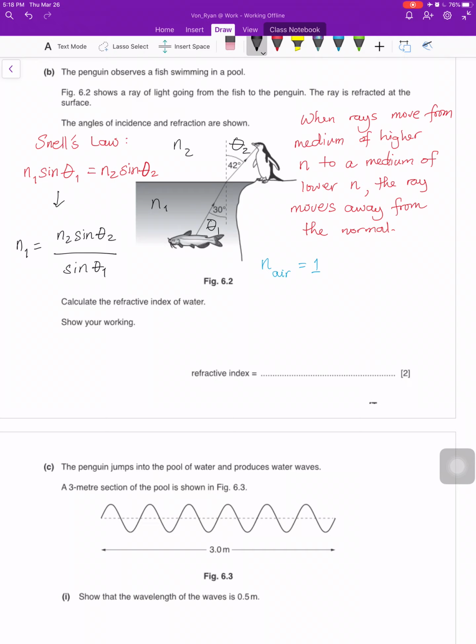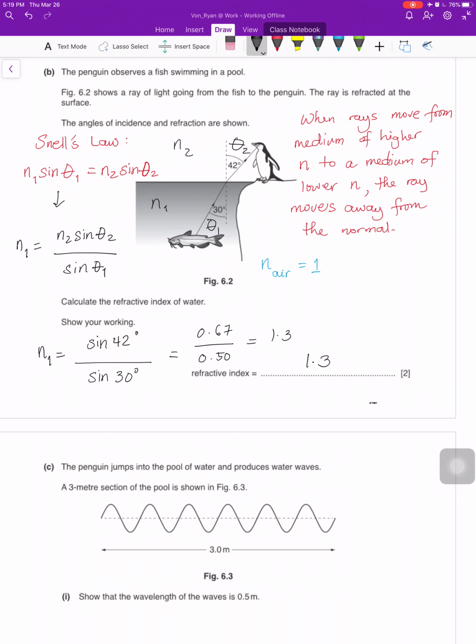Okay, and so we just plug in the numbers. So n sub 1 is equal to n sub 2 is 1, so it's just sine 42 degrees divided by sine 30 degrees, and the answer will be 1.3, because this is going to be 0.67 divided by 0.5, and that's 1.3.